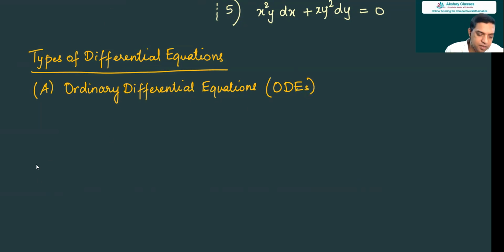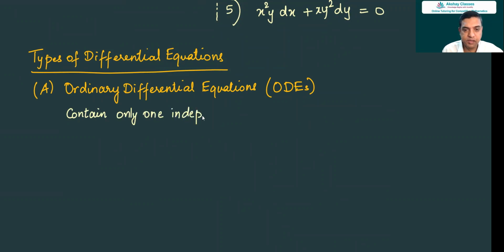Now these contain only one independent variable, and thus they will have only one dependent variable naturally.